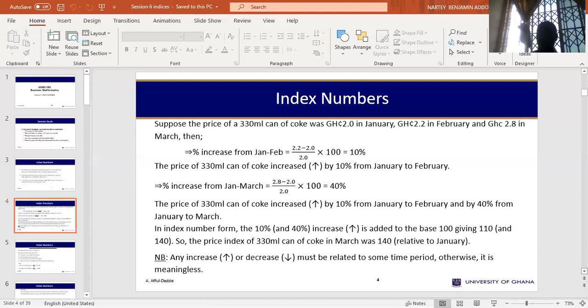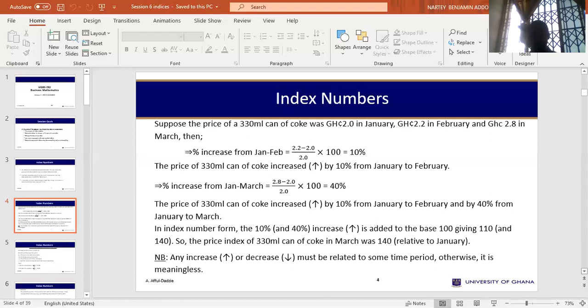This one is based on monthly data. So the percentage increase from January to February will be 2.2 minus 2.0 over 2.0 times 100. That will be 10%. The price of the canned Coke increased by 10% from January to February. That is what it means.